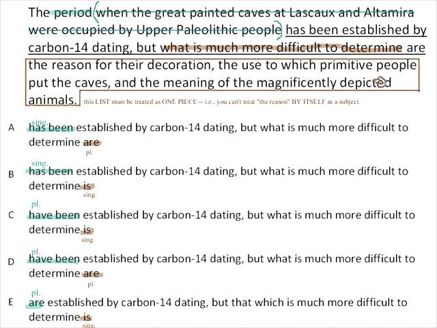Questions. All right, now there's one more thing I want to bring up, which is that this list must be treated as a single piece. Okay, this is also an extremely important criterion here. So let me give you an example.